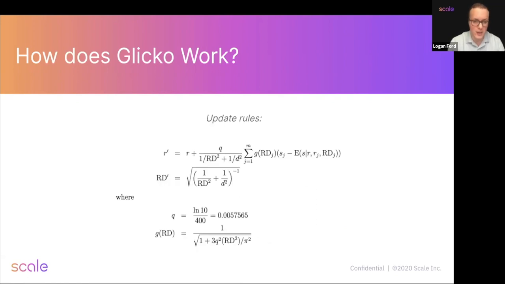And as far as the actual update rules, since it's online, all we need is the current state of the R and RD values and the game outcome to calculate the next R and RD values for both players. Math is here for those of you who are interested. For the sake of time, I won't dig into too much detail. But these are overall fairly simple calculations, in that it doesn't take too much work to implement this yourself, and it's very quick to compute.